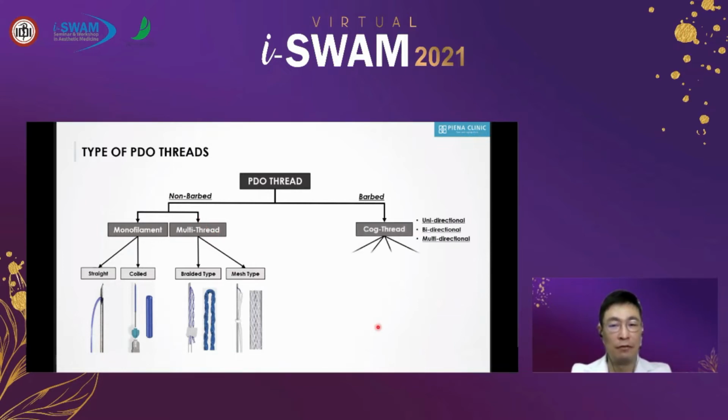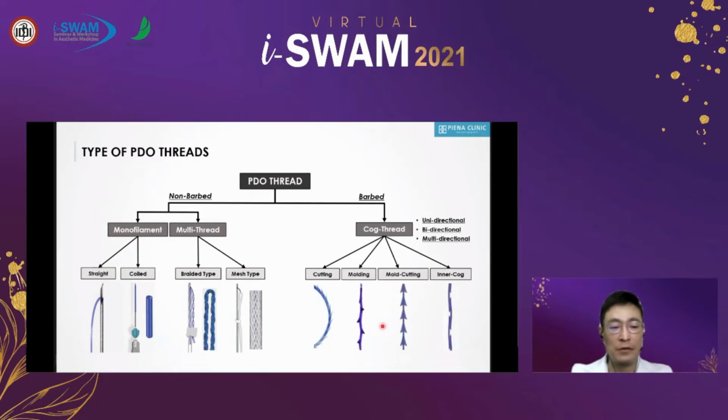Cog thread can be divided into various types depending on the manufacturing method and the shape of the cog. In Korea, there are so many types of cog PDO thread, with different shapes of cog or different thickness of the thread. There are also sharp needles and blunt cannulas. You can choose one of them for the purpose of the treatment.